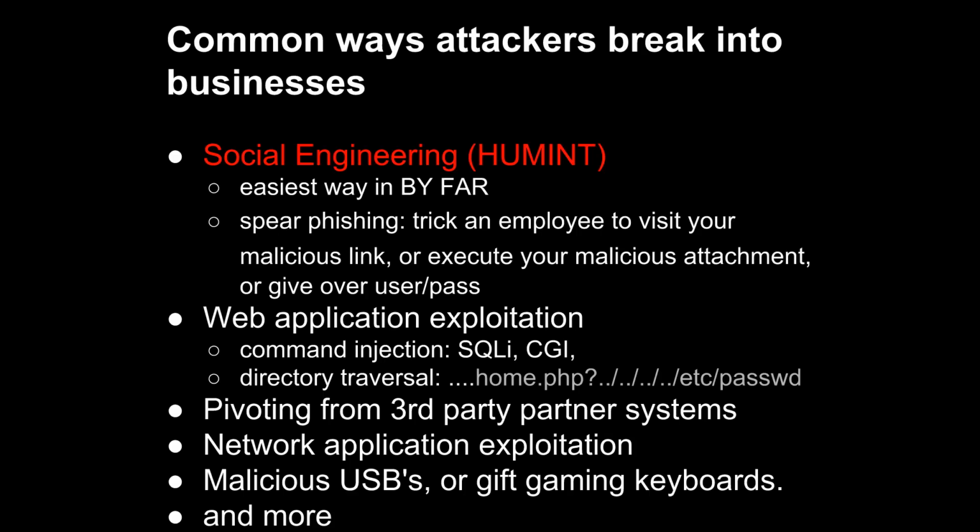That is essentially how the Target hack happened, which leaked thousands, if not millions, of customer records, including credit cards and debit cards, etc. And they came in through a third party. The HVAC units were maintained by a contractor to Target, and the contractor had just set default passwords on all of their smart HVAC units.